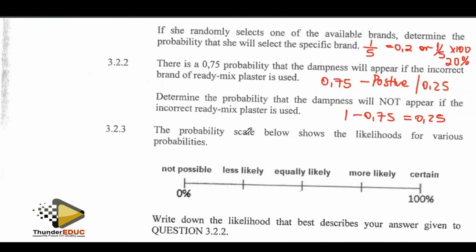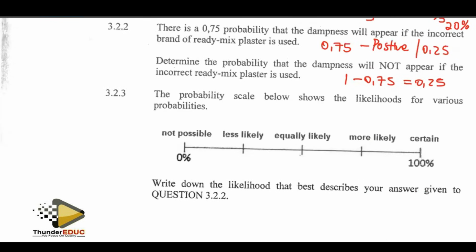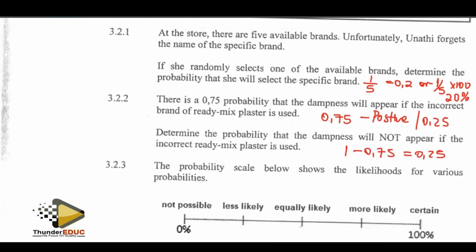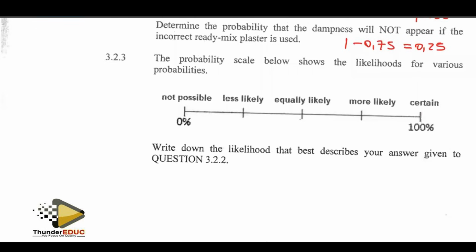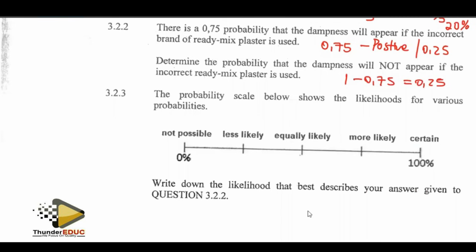The probability scale below shows the likelihood for various probabilities. Write down the likelihood that best describes your answer given to question number 3.2.2, which is 0.25.